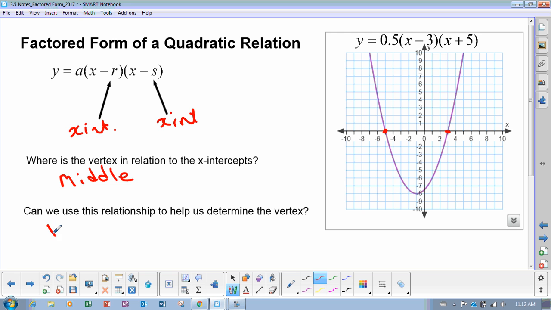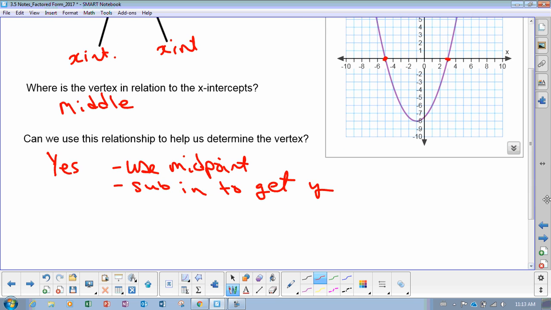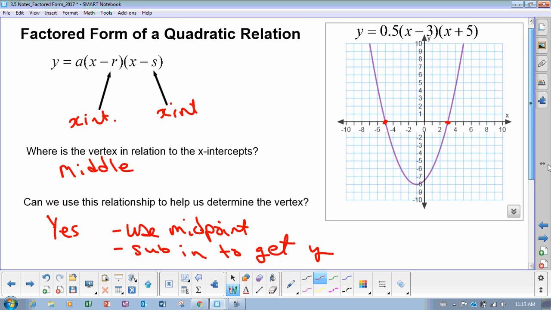The answer is yes, we can. We can use the midpoint formula that we talked about, and as long as we have x, we can sub in to get y. So that's what we're going to sort of look at today. Okay, so we can definitely use that relationship to help us.